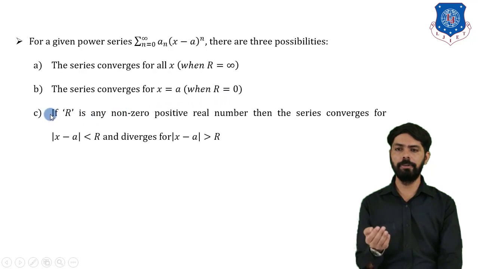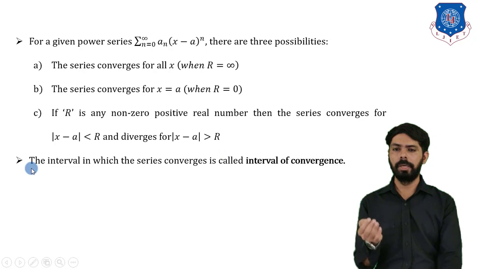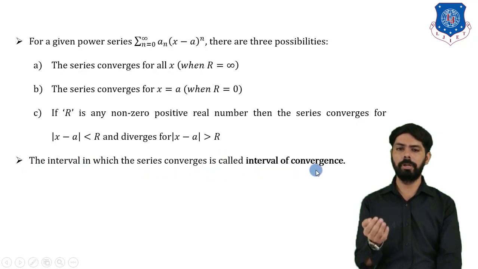The third possibility is that if capital R is any non-zero positive real number, then the series converges for modulus of x minus a less than R and diverges for modulus of x minus a greater than R. The interval in which the series converges is called the interval of convergence.